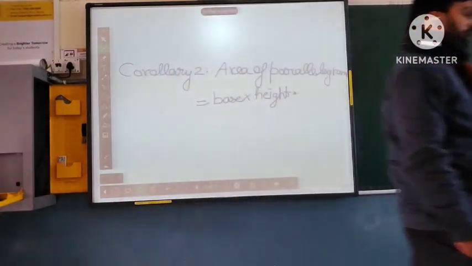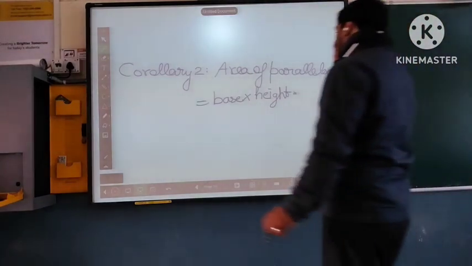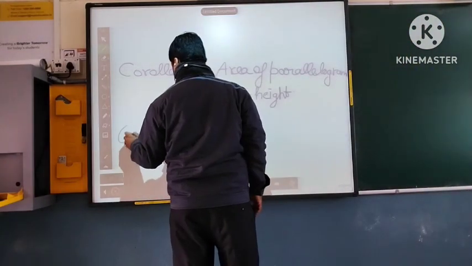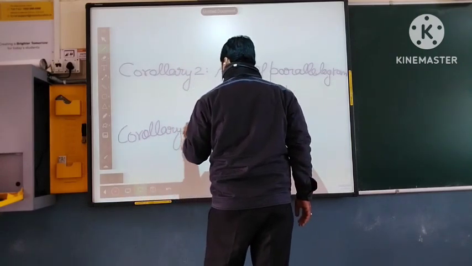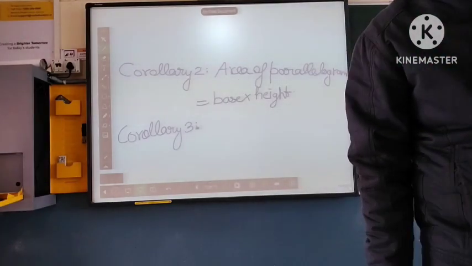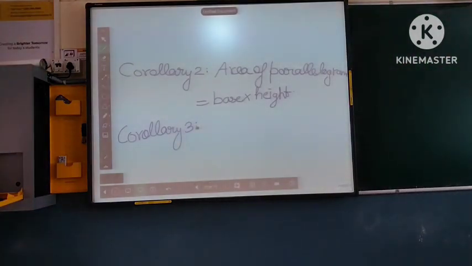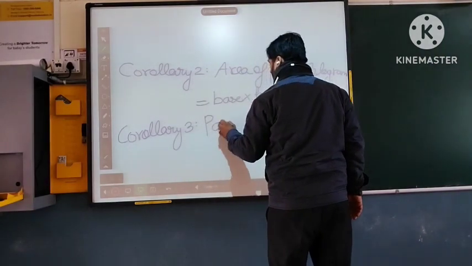Then next we have corollary 3. Which states that parallelograms with equal bases and between the same parallels are equal in area. What is it?